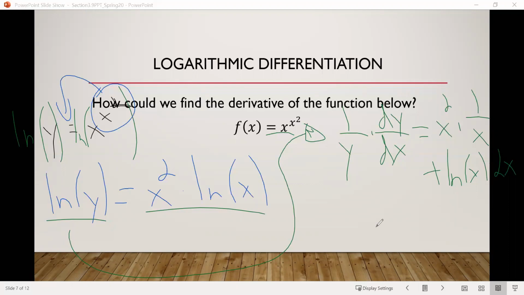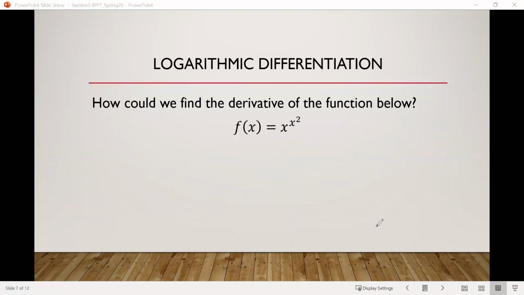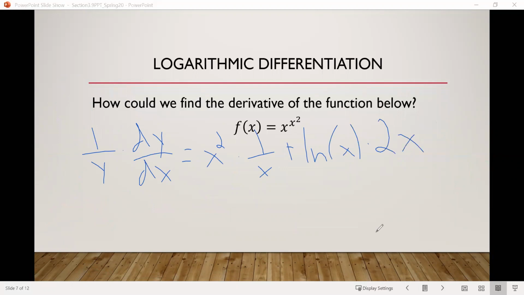So I'm going to write that all out since it's quite a mouthful. x squared times 1 over x plus ln of x times 2x, right? That's what we're looking at. A couple things here.